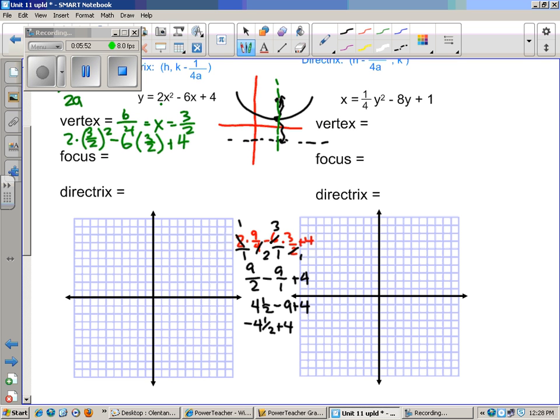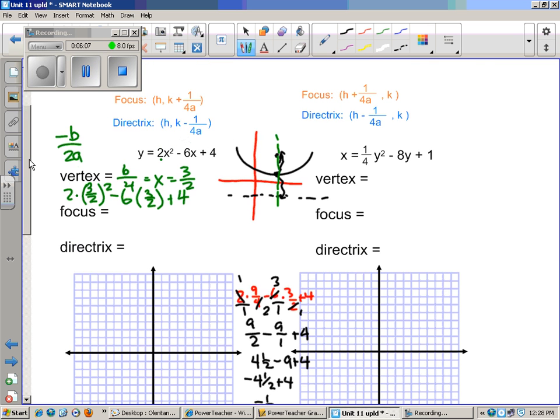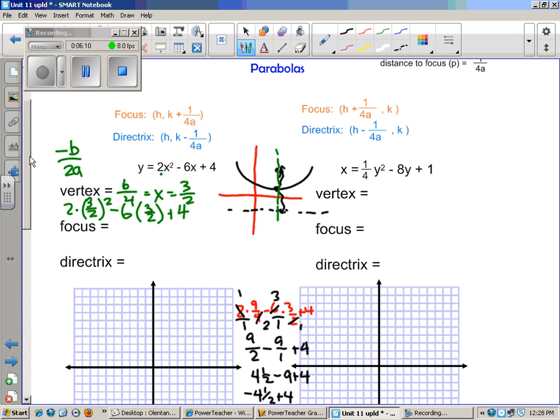And negative 4 1/2 plus 4 is negative 1/2. Okay? Is the fraction stuff okay with that? We all right? Okay. So that means my final vertex is 3 halves, because that was my x, and negative 1/2, and that was my y.